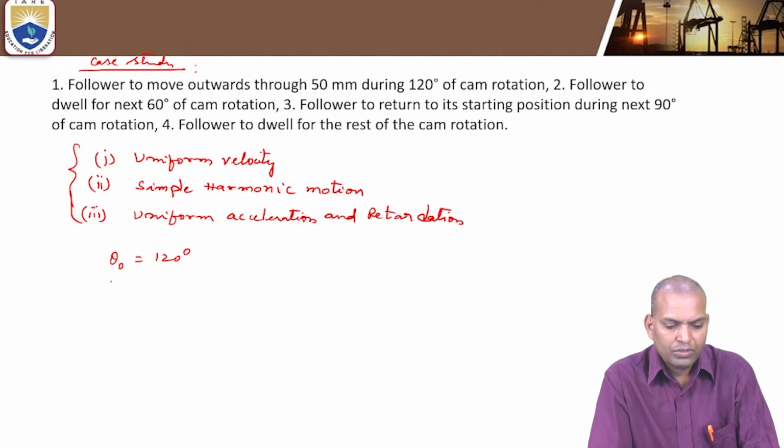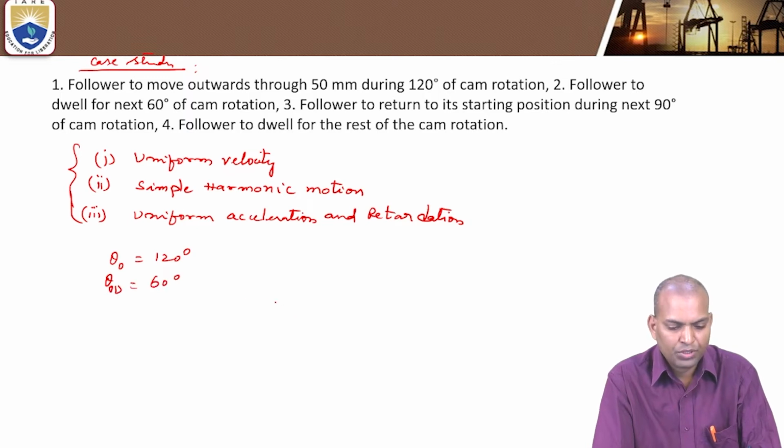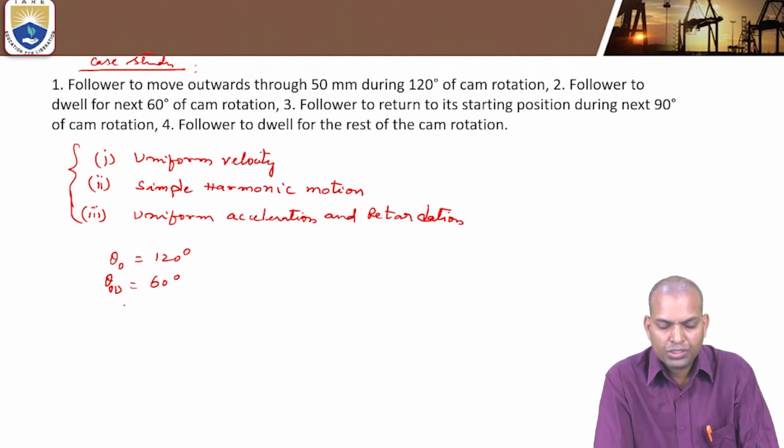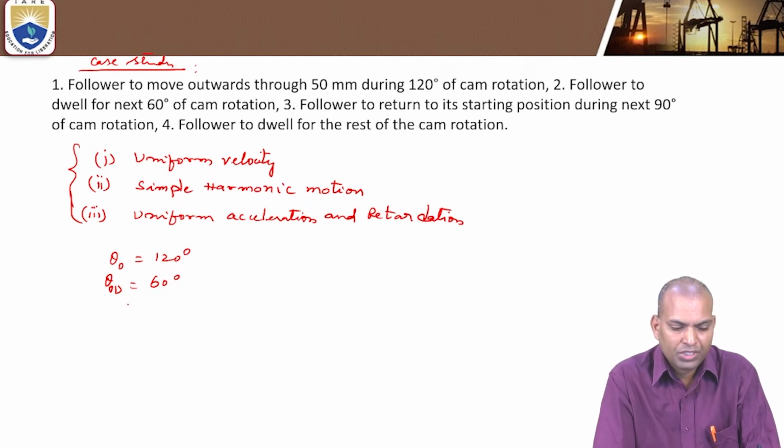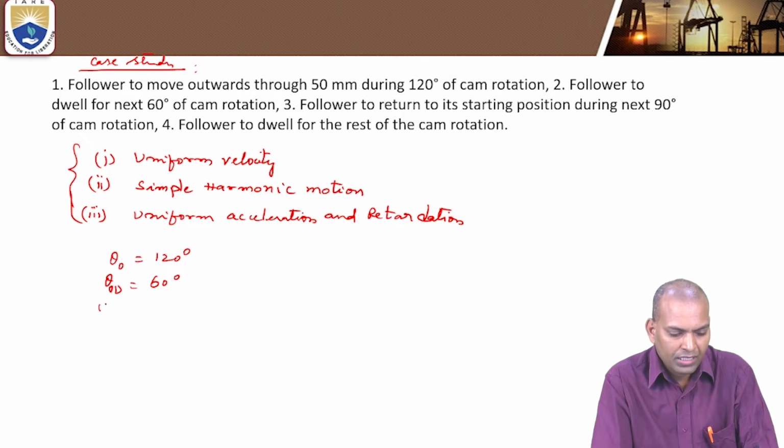And the follower is to dwell for the next 60 degrees of cam rotation. That is, next to the outstroke, the dwell is 60 degrees of cam rotation. The follower is to return to its starting position during the next 90 degrees of cam rotation, that means next to the 60 degrees, the return stroke, that is 90 degrees.